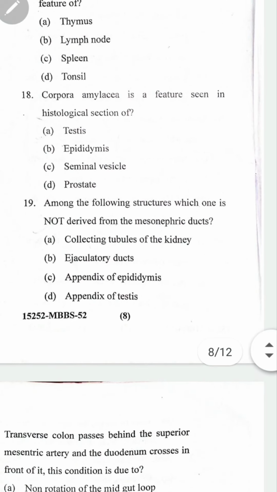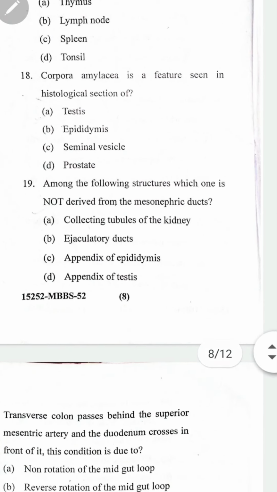18. Corpora amylaceae is a feature seen in the histological section of... Important question this one too. The identifying diagnostic feature in a histological section of prostate.